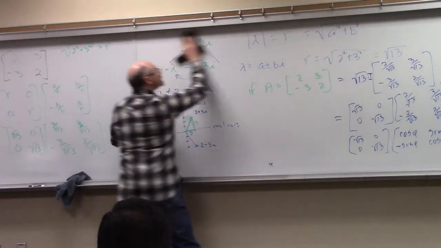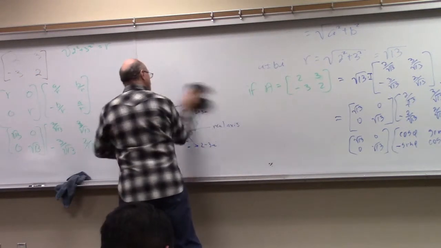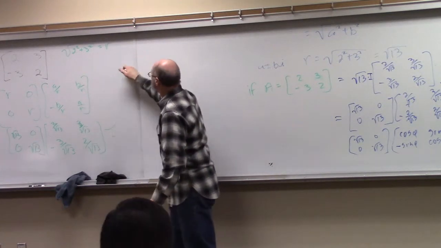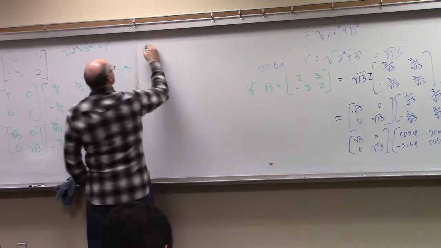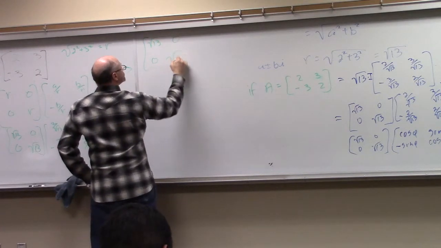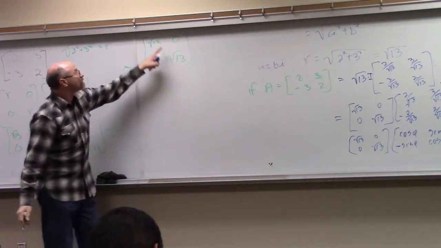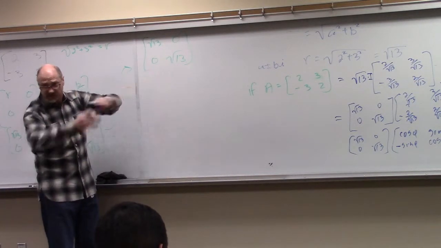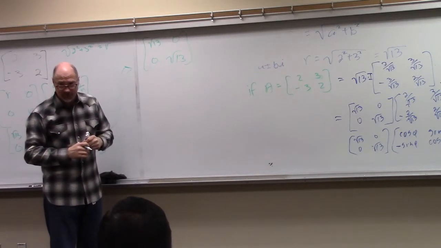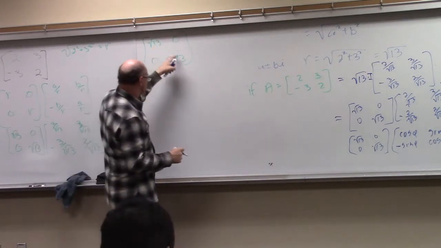And that is, if you check it out, doesn't this matrix give you an expansion of radical 13? That's an expansion matrix, a dilation, right? You have identity with just the same thing here.